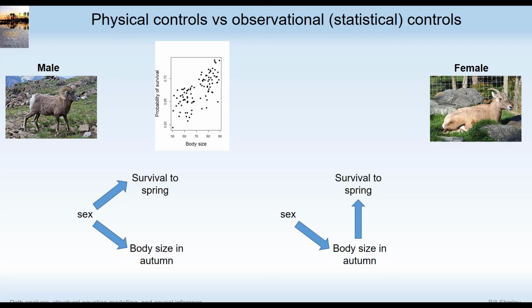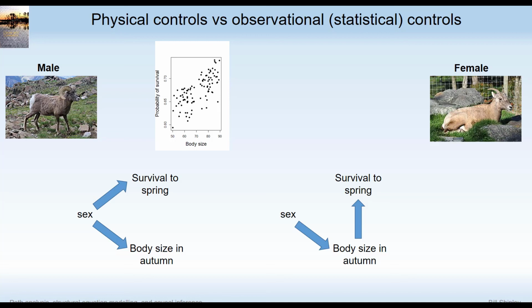One is not causing the other. It's that both of those are common effects of a single cause, which is the sex of the organism. So if you're a male, you have larger body size in the autumn, and you also survive better to the spring for reasons independent of body size.